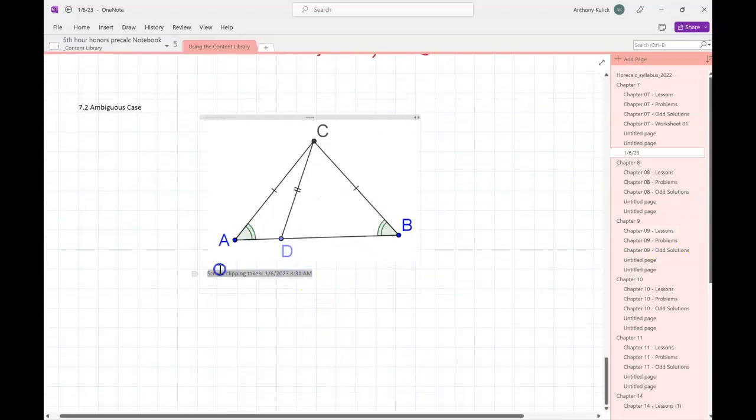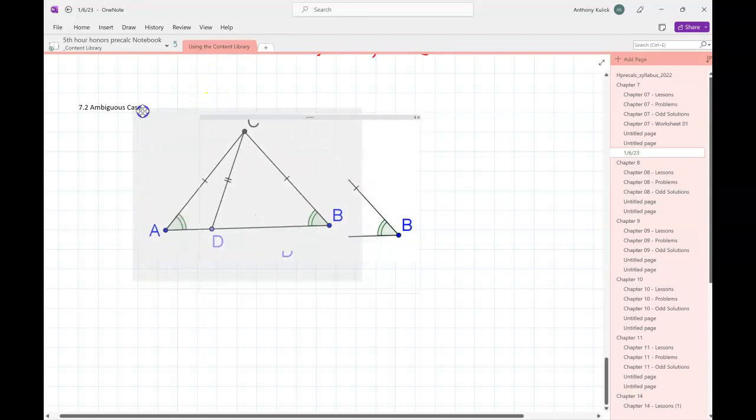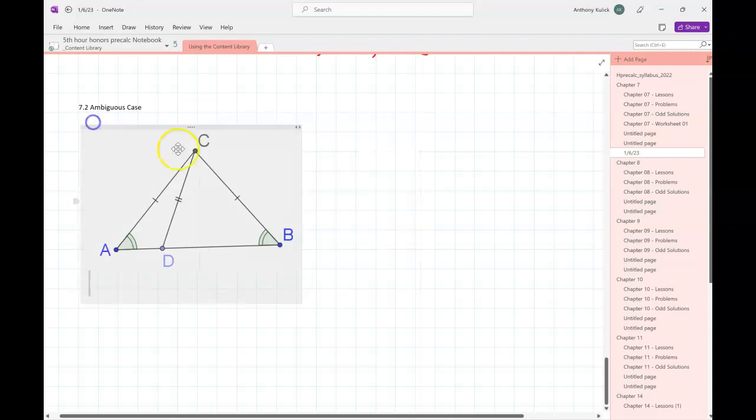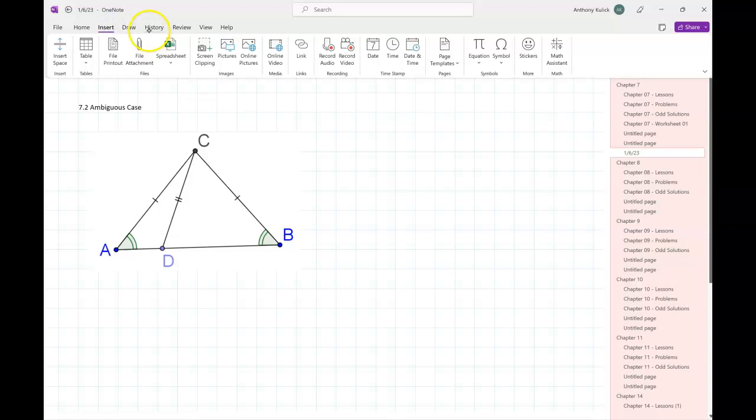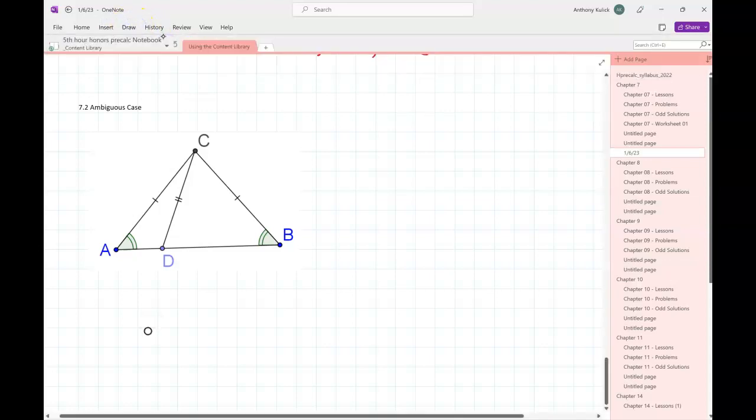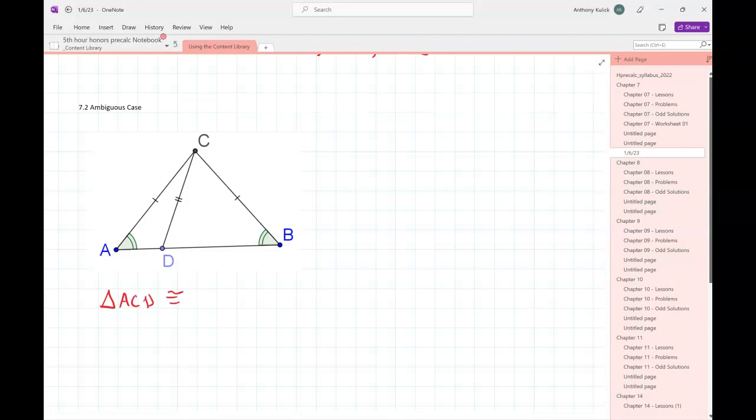I just want to refresh our memories about this SSA situation, that it does not guarantee triangle congruence. I noticed there that triangle ACD is clearly not congruent to triangle BCD, right? Everybody should have no arguments there, correct?